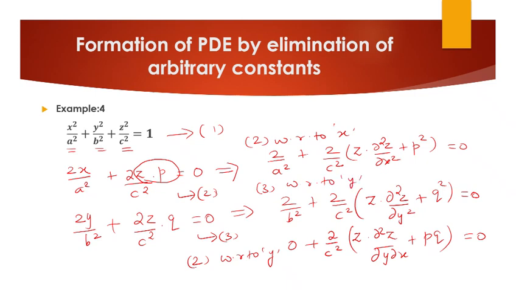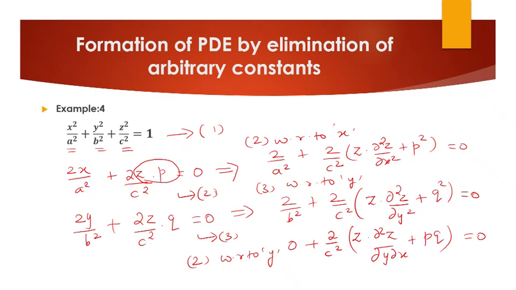So from this, by using the above equations, I can eliminate the arbitrary constants. Here you see, there is no constant involved in the last equation, which means we have got our resultant PDE.